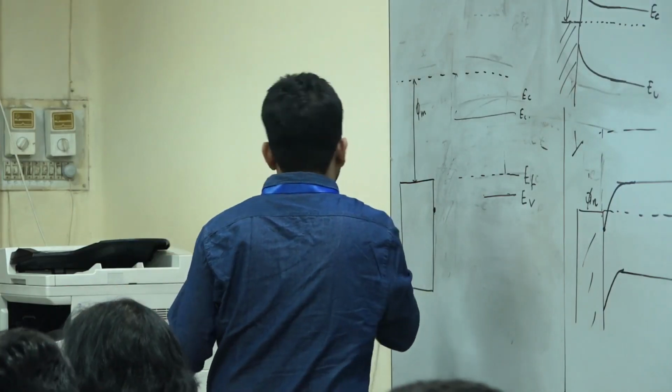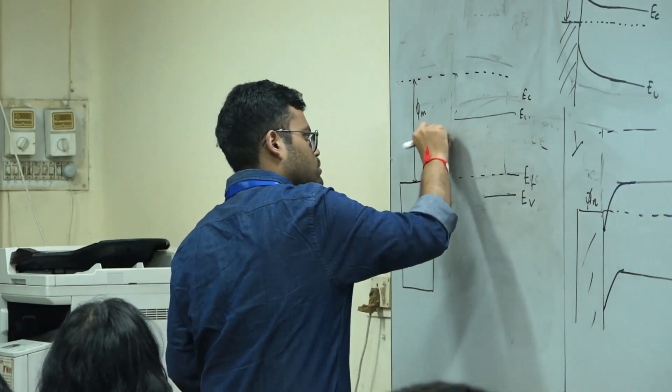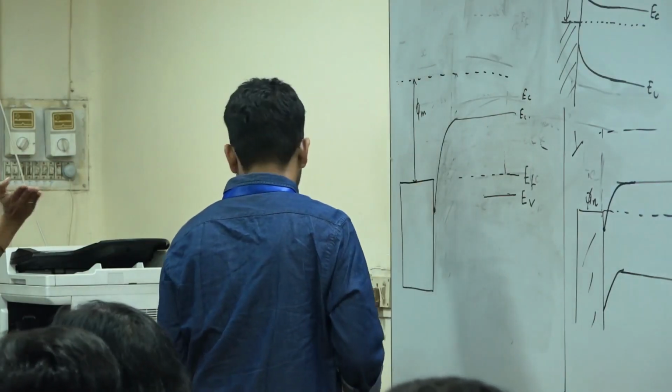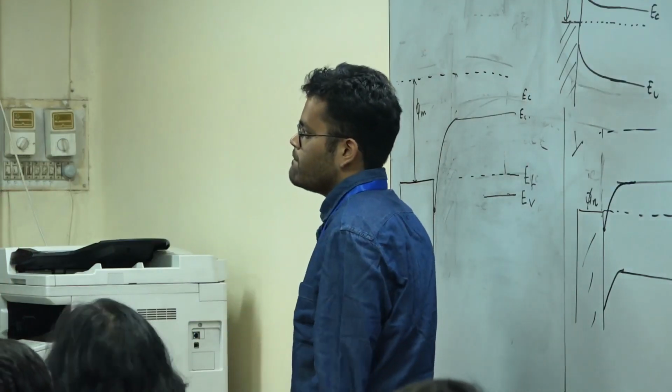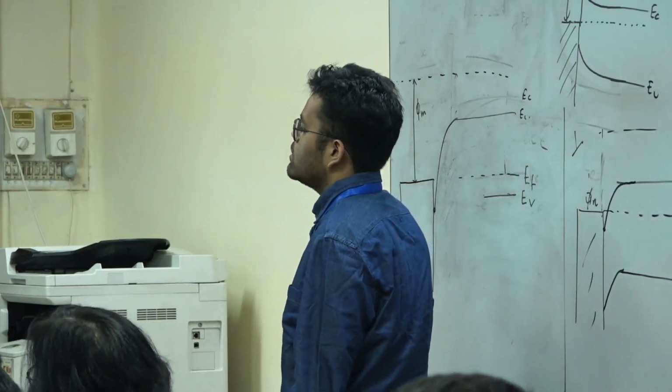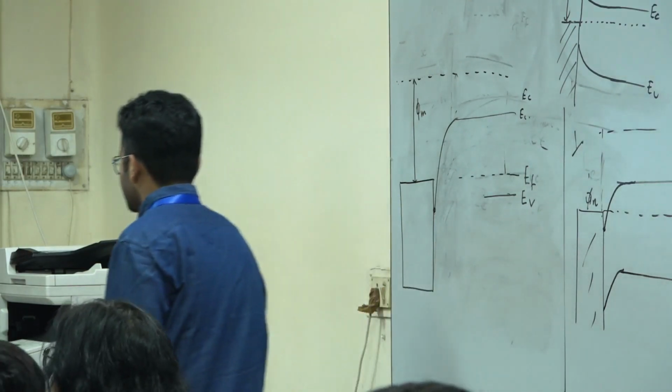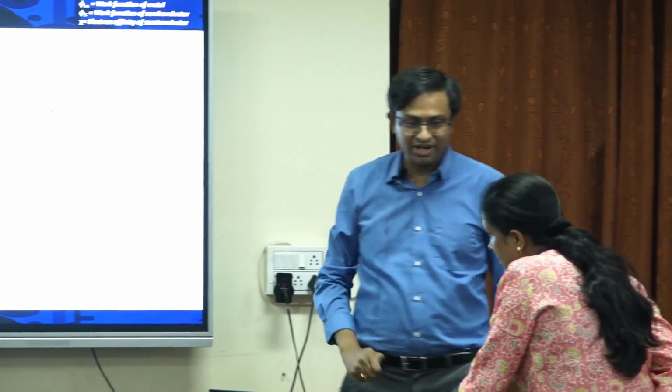The relative position, because I told you that chi has to be smaller compared to phi m. That's how it is. So this is how the bending is going to be.